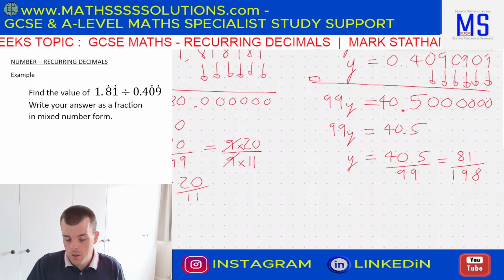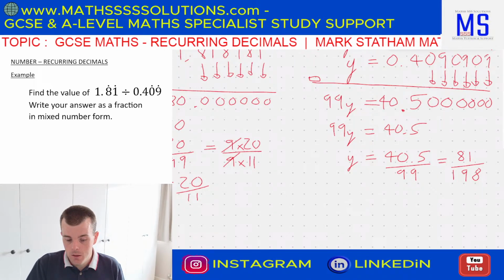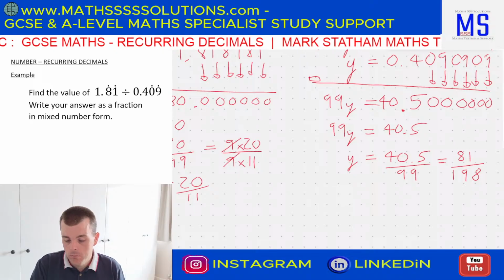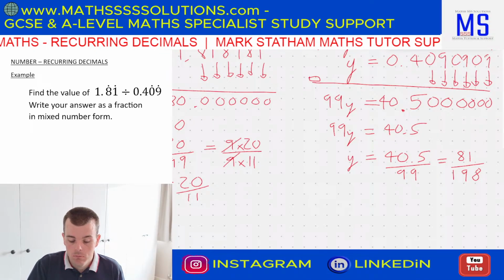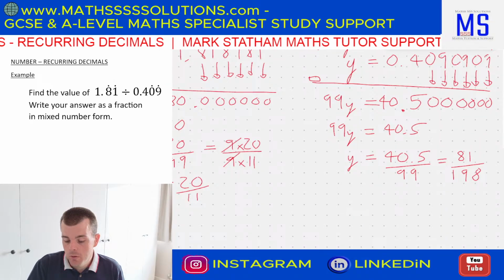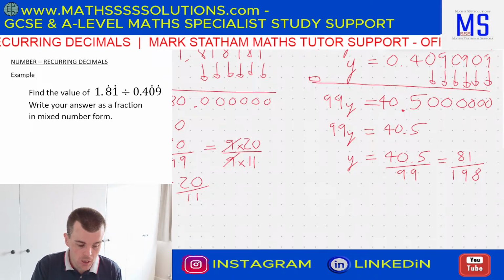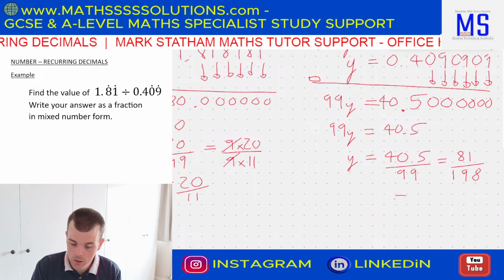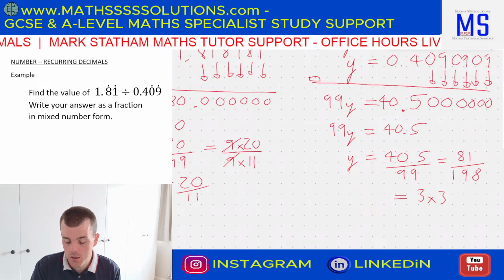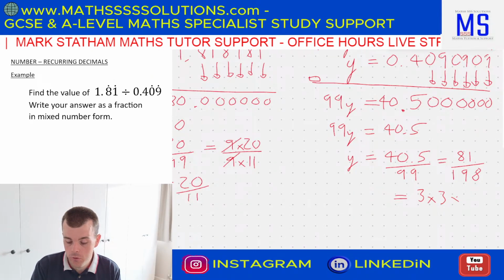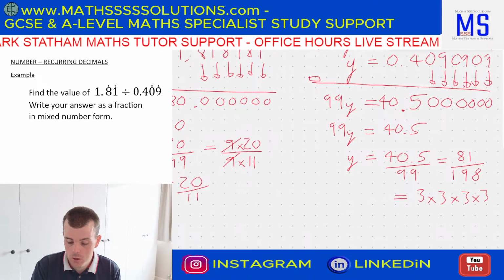Now all I would suggest is try and simplify that as much as possible. And how you would check if it can be simplified is 81 is 3 times 3, that's 9, times another 9, so 3 times 3, so like so.